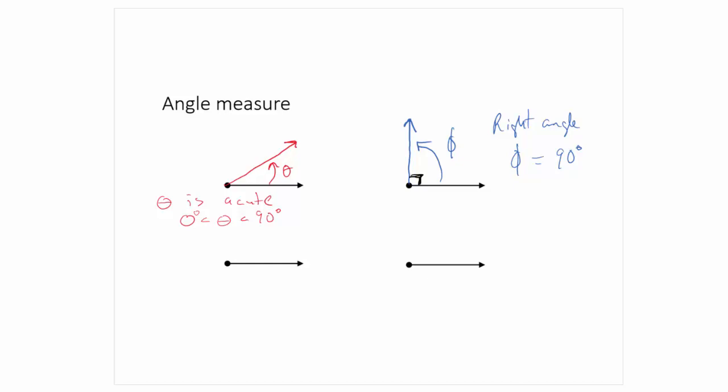If an angle is greater than 90 degrees but less than 180, I'll call this one alpha, alpha is obtuse. So alpha measures between 90 degrees and 180 degrees.